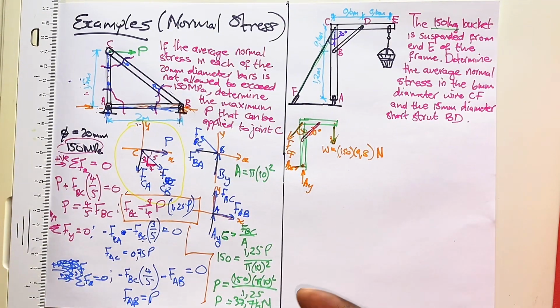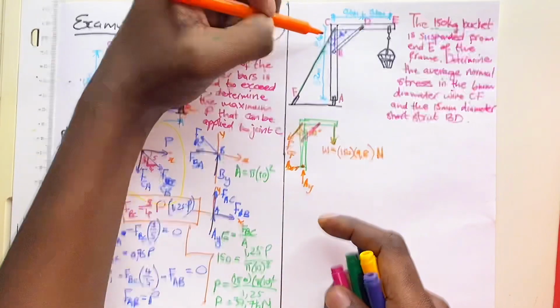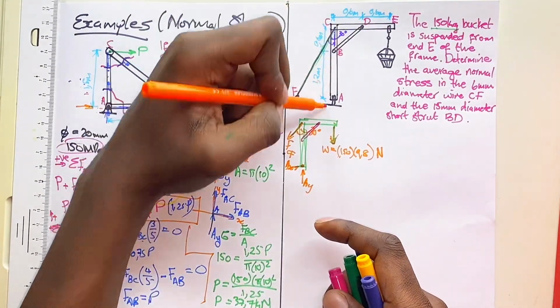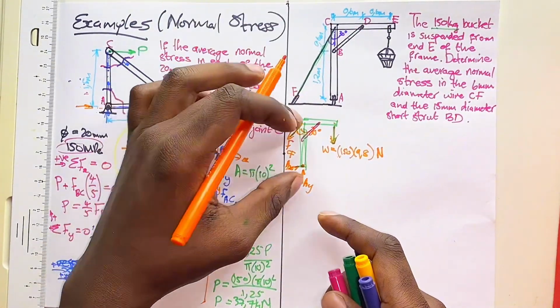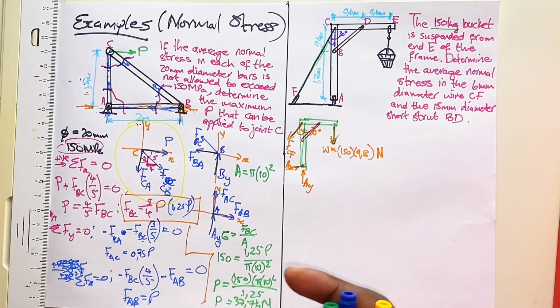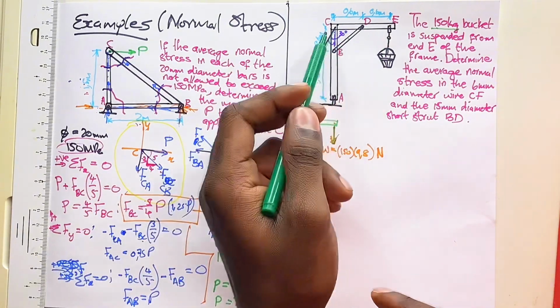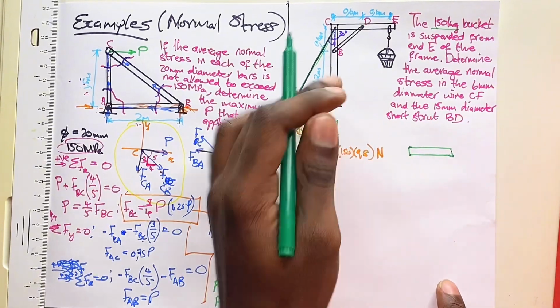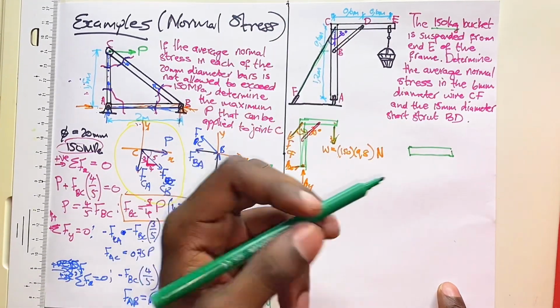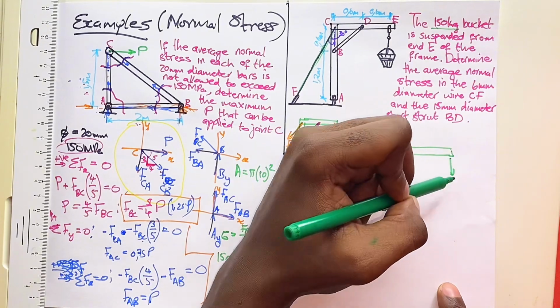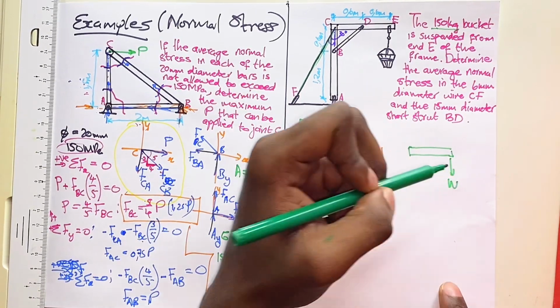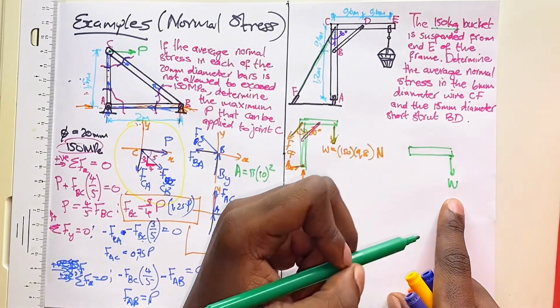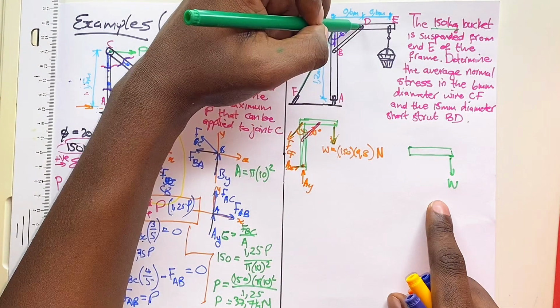Now another free body diagram will be of the individual members in my board. So the first one will be the horizontal member, CE. Now CE, we have the force of the bucket, which is the weight. We also have a force coming from the strut.